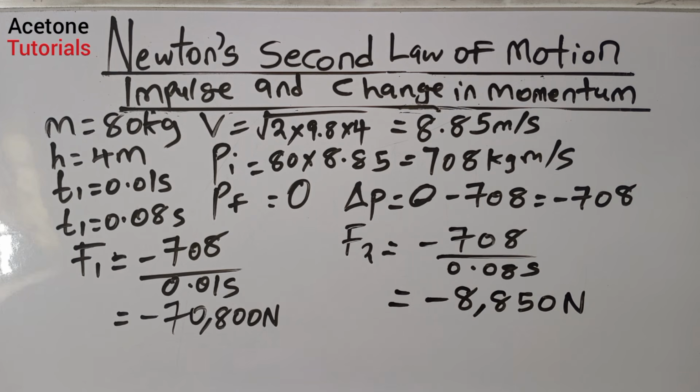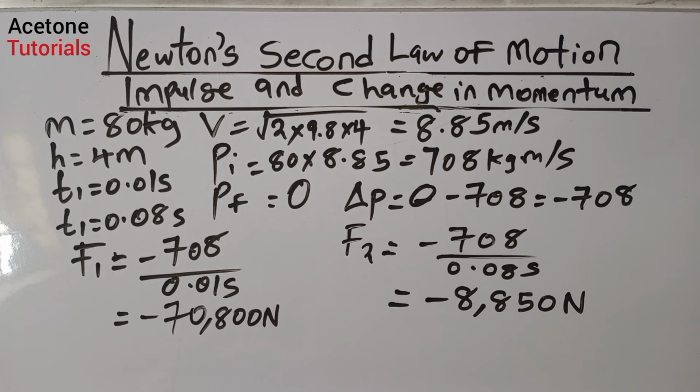Okay, now let us compare the two forces. But first of all, the negative sign means that the impulsive force exerted by the ground on the man acts upward. So the impulsive force is exerted by the ground on the man, and the force acts upward, opposite to the direction of motion.